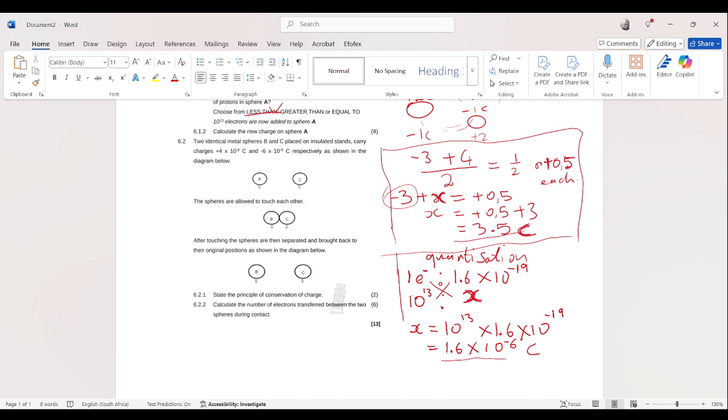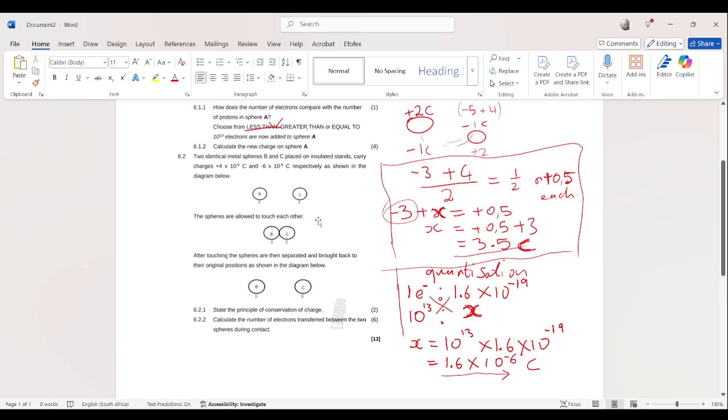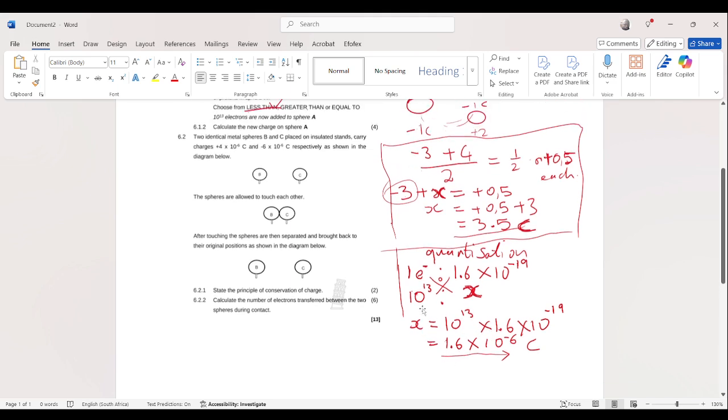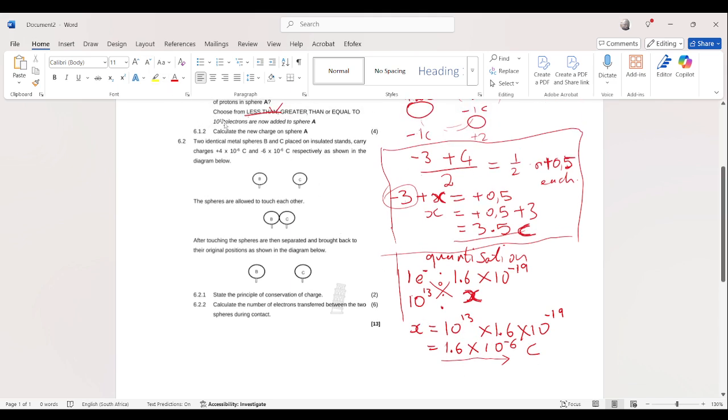You agree? Yes, sir. So that is the charge of the 10 to the power of 13 electrons.